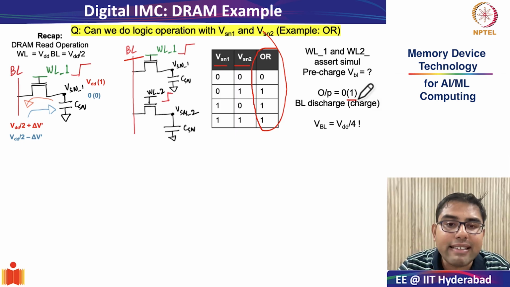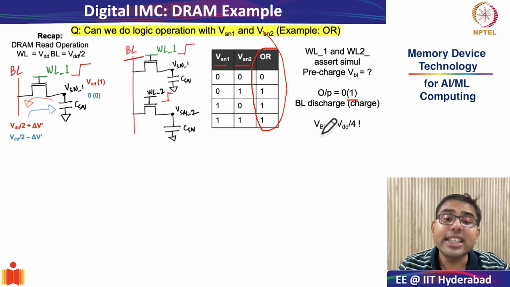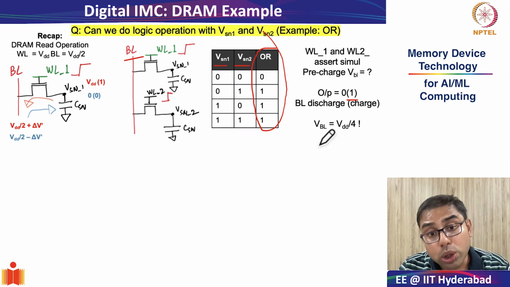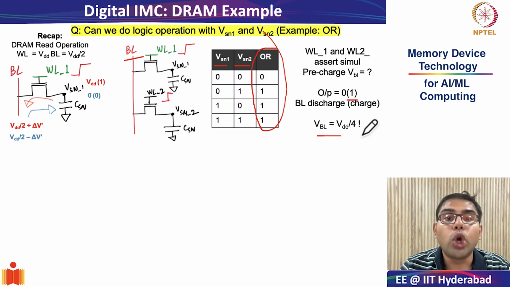And if you think a little carefully about it, this can easily be achieved by first turning on the word lines of nodes 1 and 2 together and also pre-charging the bit line to VDD by 4.